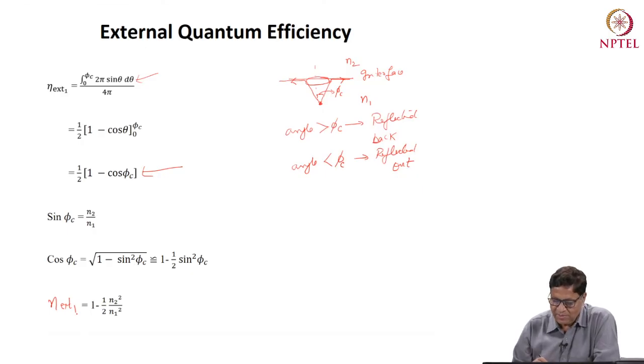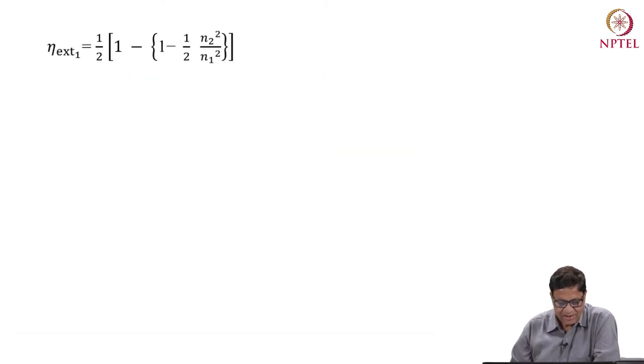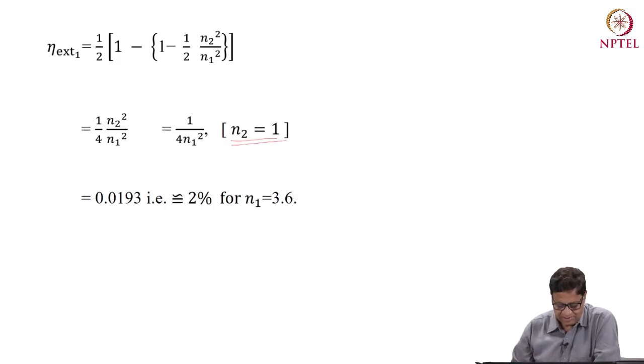As the outside medium is air, n2 will be 1, and effectively I will get n external 1 as 1 by 4 n1 square. For a typical semiconductor material n1 is 3.6, and if I put this value in here, then n external 1 is 0.0193, which is roughly 2%.